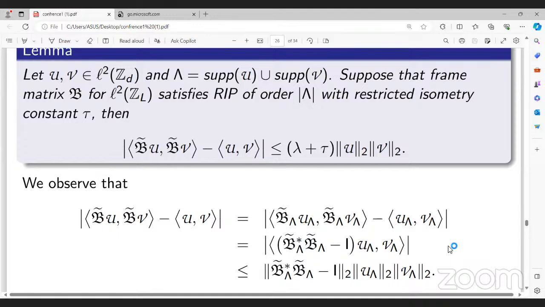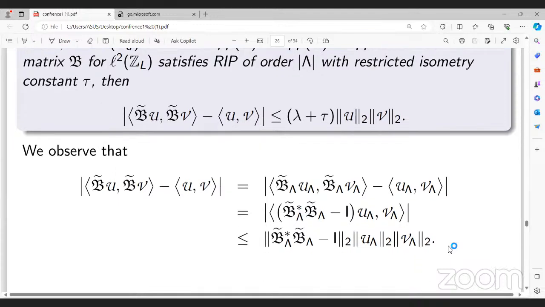Similarly, the inner product of U and V we can write as U lambda inner product with V lambda. And if we take the adjoint of B tilde lambda on the left side, then this is equal to the inner product of B lambda tilde star B lambda tilde minus I applied to U lambda and V lambda.